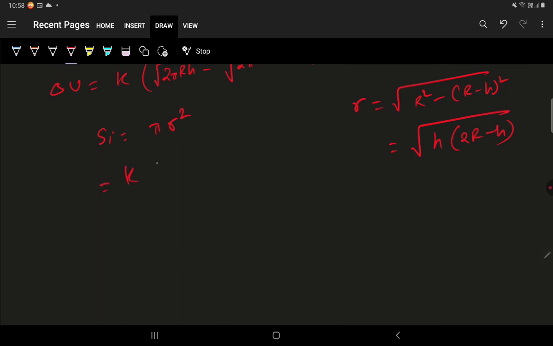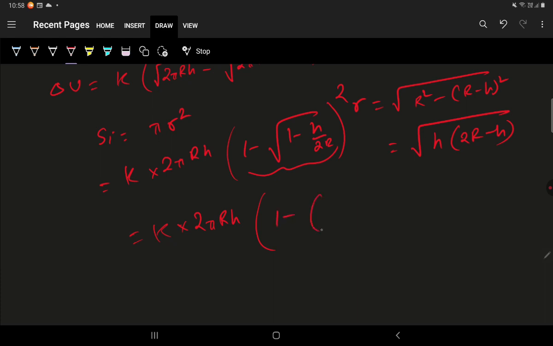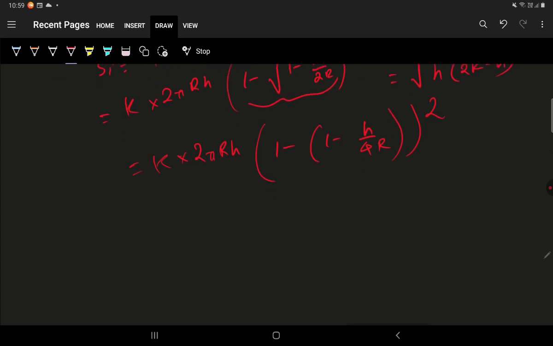Next, taking the root of 2 pi R h common, you will get 1 minus under root 1 minus h by 2R whole square. Using the binomial approximation, putting it as k into 2 pi R h into 1 minus h by 4R whole square, which you will eventually get to be 2 pi R h into k into h square by 16 R square.